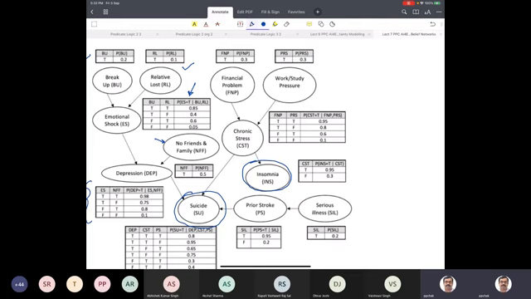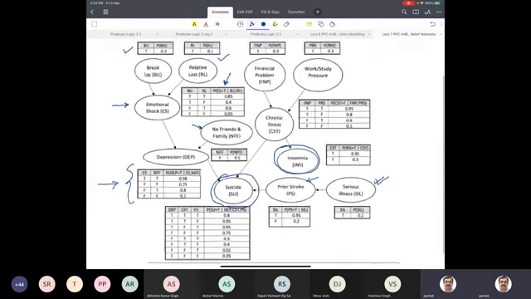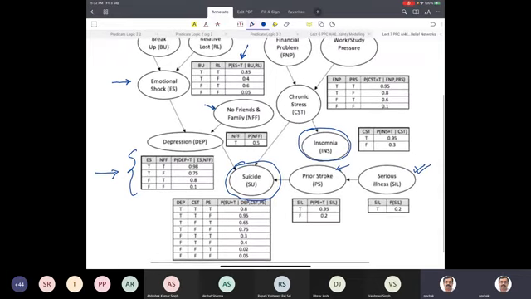There is another independent entity, serious illness, and from that serious illness there is a possibility of a prior stroke. And all these three, depression, chronic stress, and prior stroke, are the three influencers of suicide.